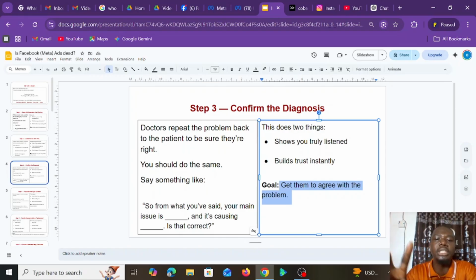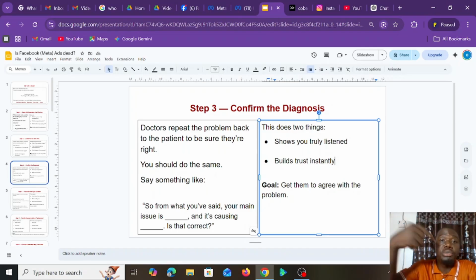So this shows two things. It shows that you listen well, and that will build trust instantly. And that is humans for you. When you are able to tell people what they are feeling, they trust you to provide the solution to them. But if you cannot repeat the problem they just told you, it shows that you're not listening to them, and they will not trust you to provide the solution to them.